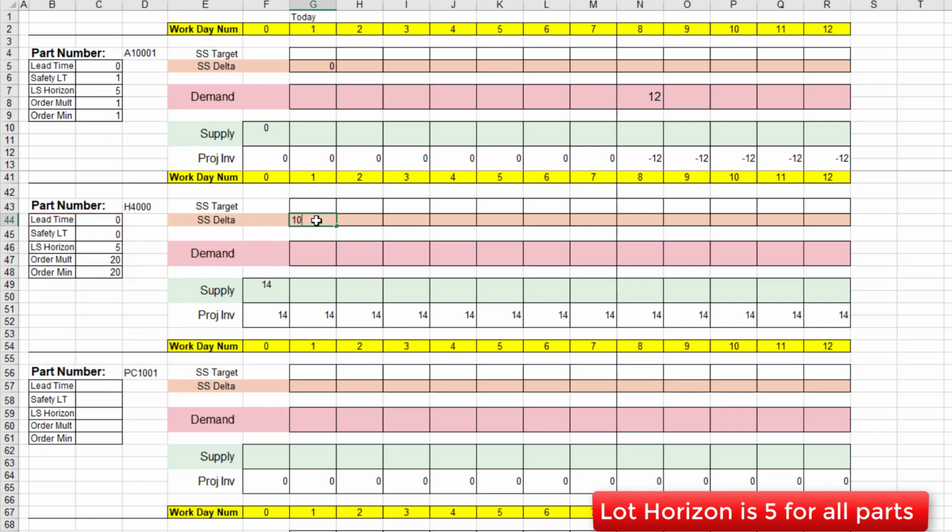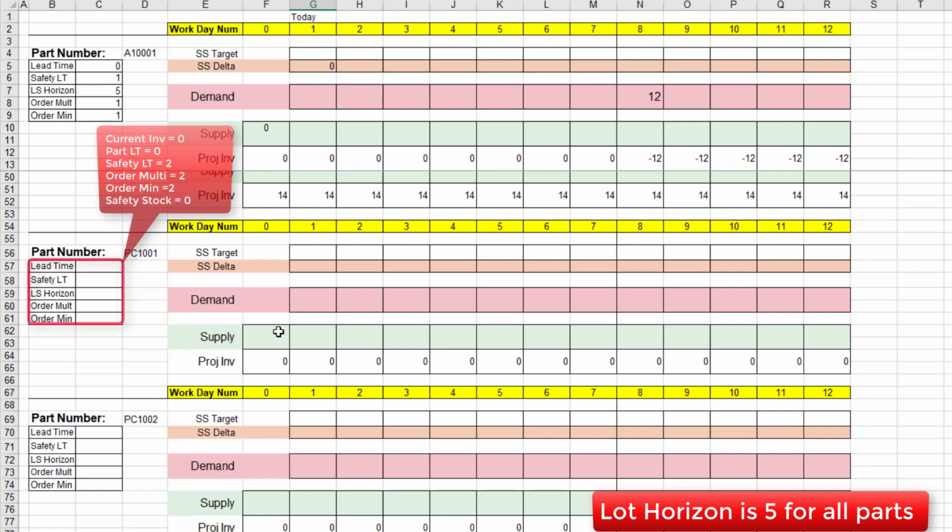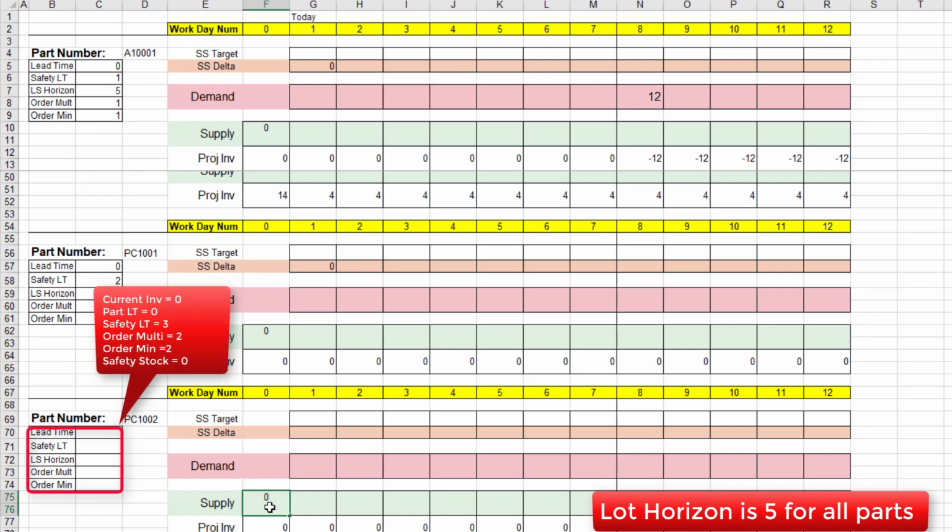Part PC1001 has 0 in supply, 2 safety lead time, 2 order multiplier, and 2 order minimum, with a 0 safety stock. Part PC1002 has a safety stock of 3, 0 in supply, 2 multiplier, 2 minimum, with 0 safety stock.